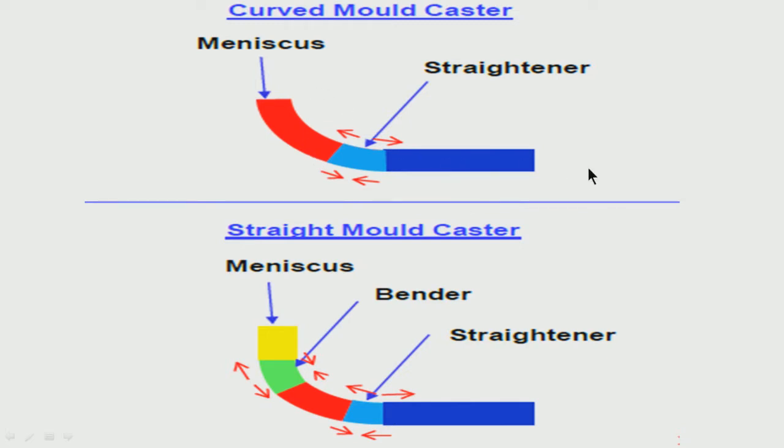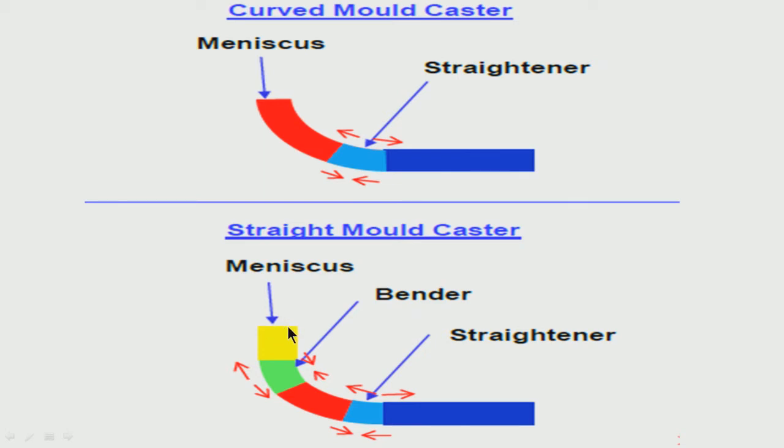I have mentioned that there is a possibility of some inclusions getting generated or entrapped in liquid steel, which will try to float up in the mold. Now, when inclusions are floating up, what is happening? If you have a straight mold, the inclusion will straight away float up like this and get absorbed at the top of the mold.